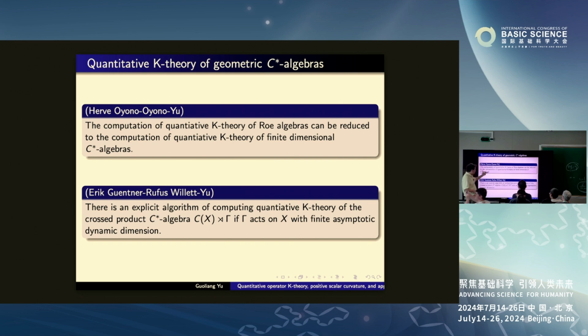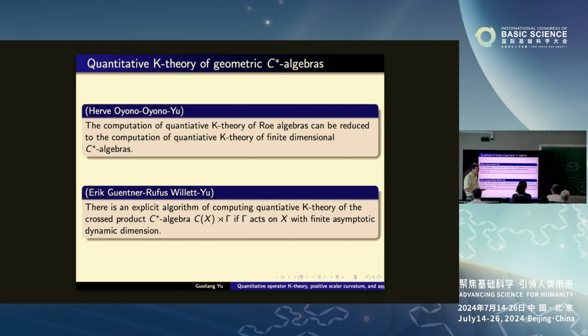Using quantitative K-theory, you can reduce the general computation of K-theory or quantitative K-theory to that of finite dimensional algebras. This is a little bit like in Yasuo's talk. And finite dimensional algebras are matrix algebras. I always thought if something is finite dimensional, it's linear algebra, and we can always handle it. But now I've changed my mind.